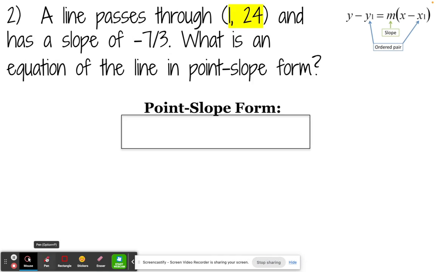Let's try another one. I have a line that passes through this point and has a slope of -7/3. Well, here's going to be my y1, and this will be my x1.